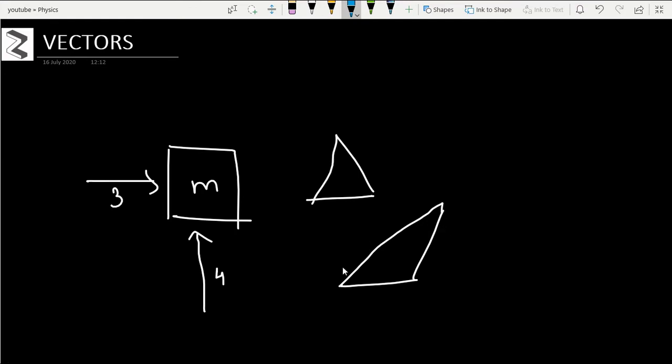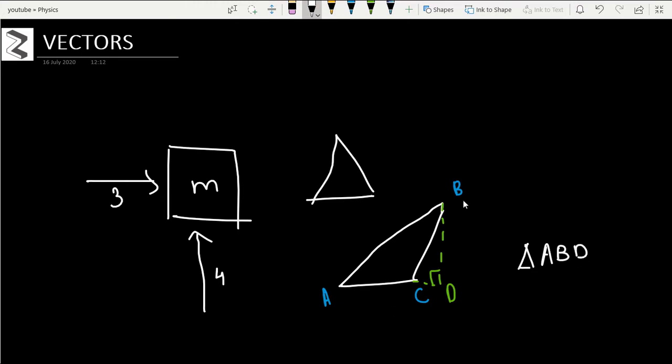First, let's name these sides: this is A, this is B, and this is C. And we extend this and make a dotted line and make a new triangle where this angle will be 90-degree, and we'll name this as D. Okay, so we got a new triangle which we can name as triangle ABD.